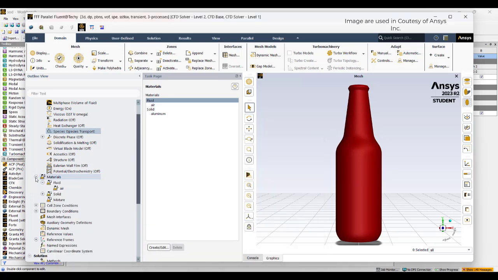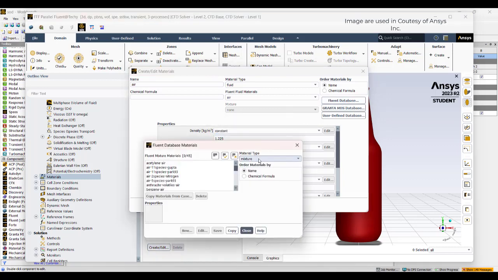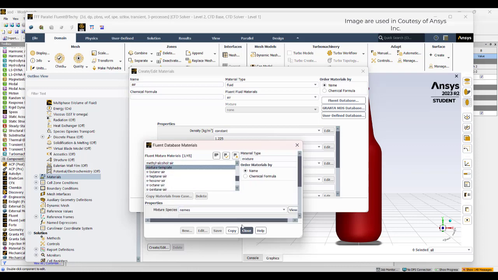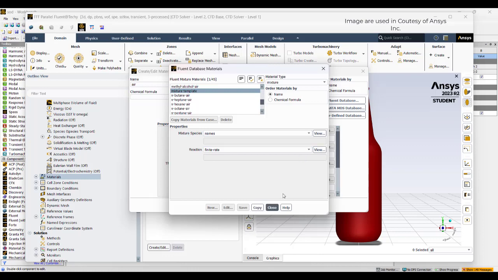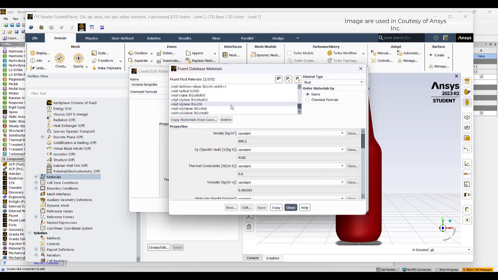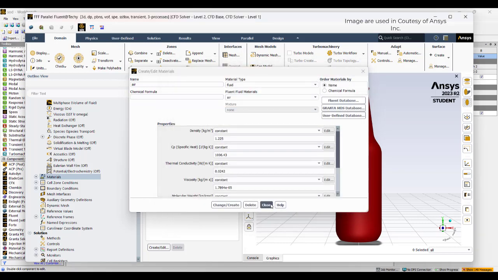Okay, so you want a mixture, you select mixture template, then go to fluid database, go to fluid, scroll down, select water liquid and carbon dioxide also. Here is the carbon dioxide. Okay, copy, close.